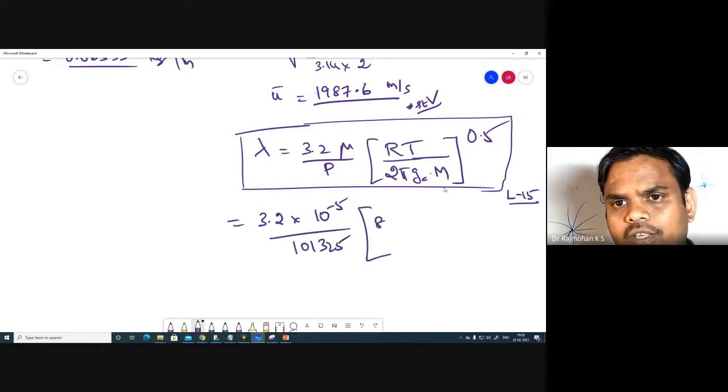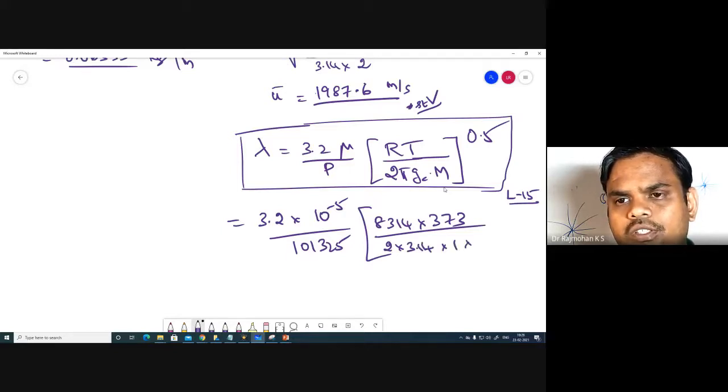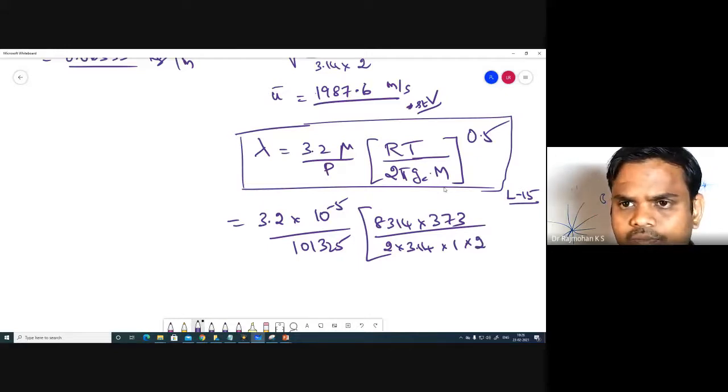R value is 8314. Temperature is 100 degrees, so 373 Kelvin, divided by 2 into 3.14 into Gc, which is 1 in SI units, into molecular weight of hydrogen 2, power 0.5.